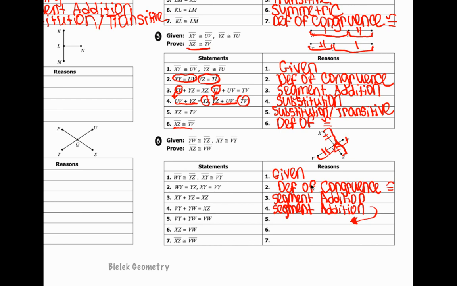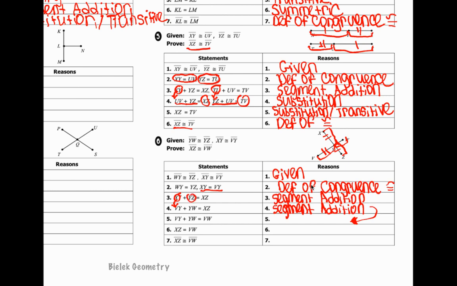So on step 4, they said VY plus YW equals XZ. So let's think about why they said that. So we know that VY is equal to XY from this line. So they replaced the XY with the VY. And they were able to do that by substitution. Okay, so we also know that YZ is equal to WY or YW.